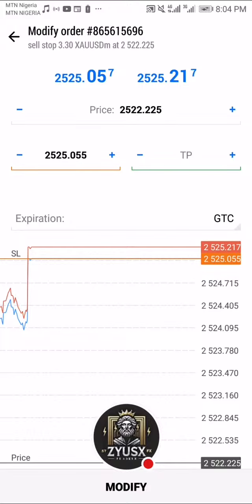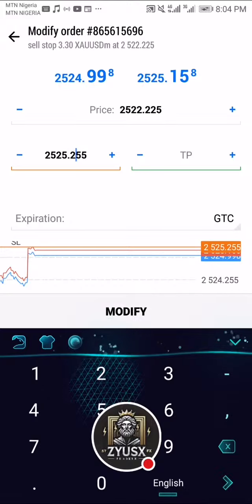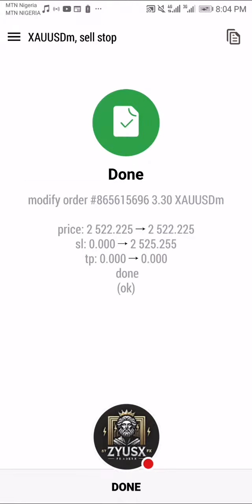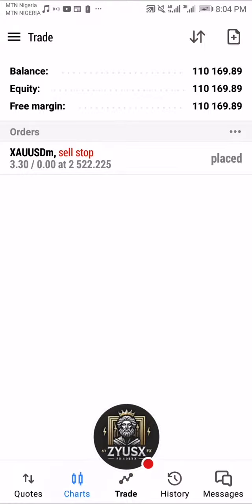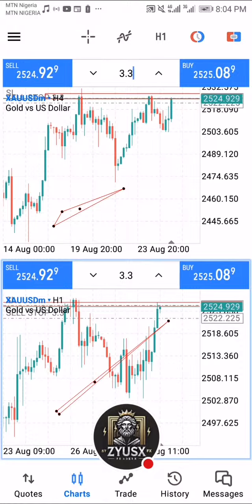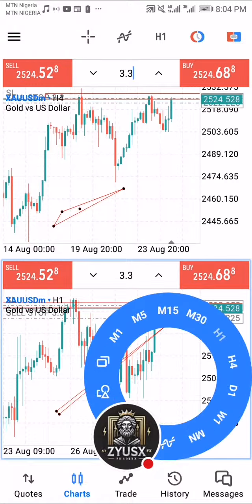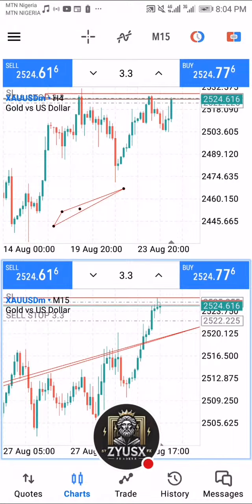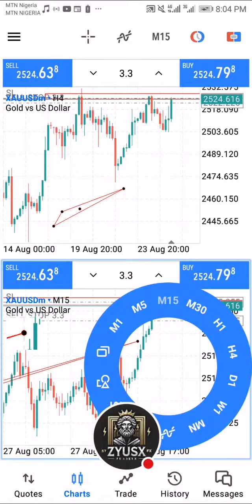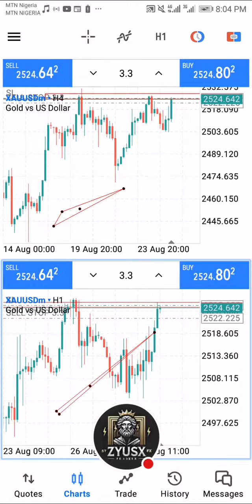So I will be having a 3 pip stop loss, because guess what, if price is truly going to continue down after triggering us into the trade, there's no point to turn back and push up. So that's the logic behind the stop.